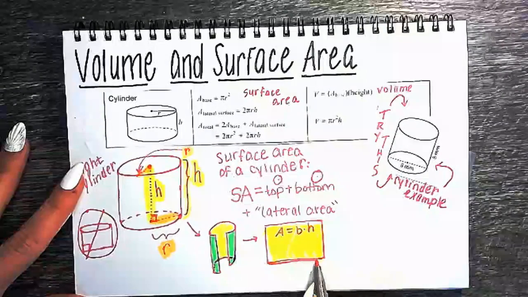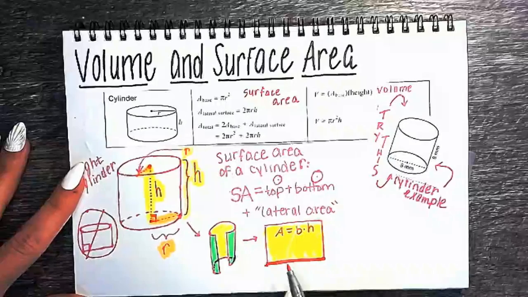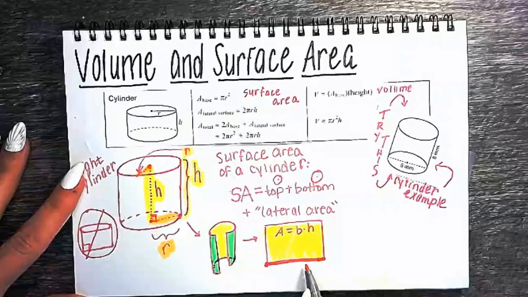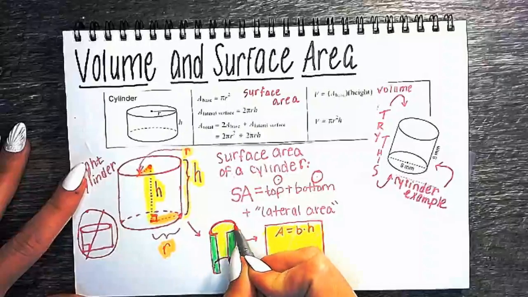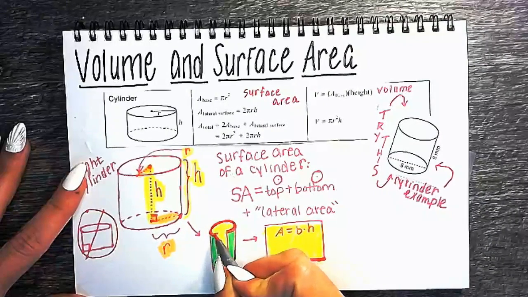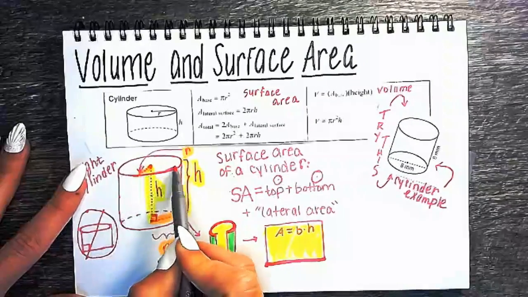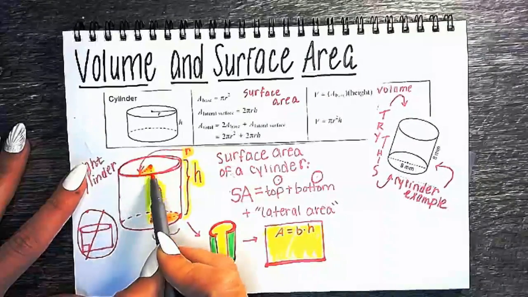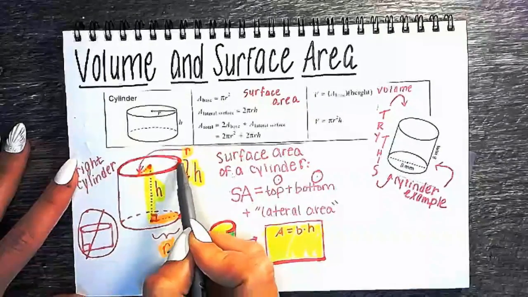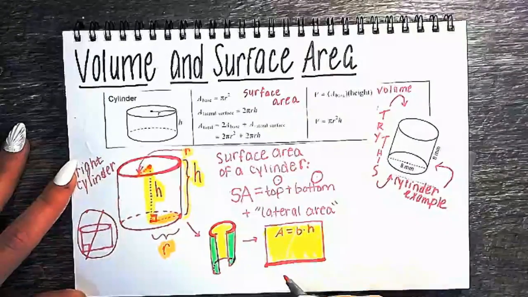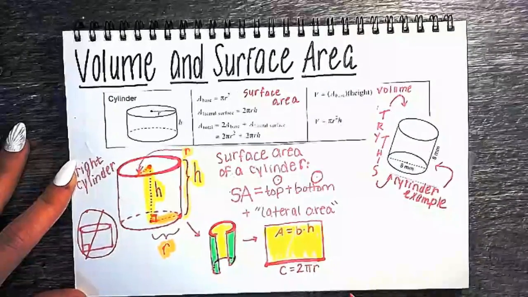What do I know about this length right here? I know it's the base of the rectangle, but I want you to work backwards. This is this, which is this, and that is also known as the circumference, which is 2 pi r.